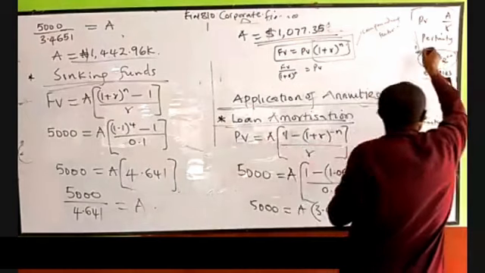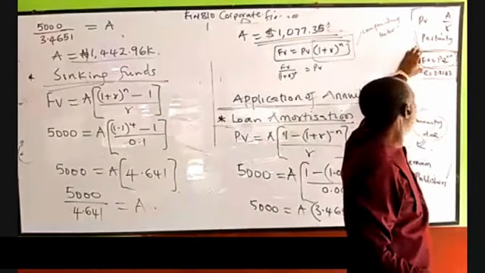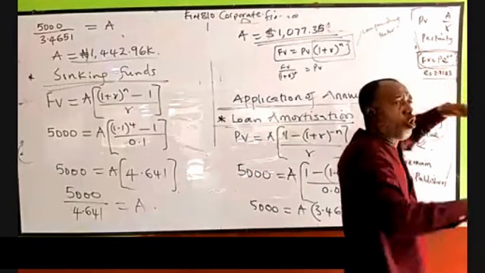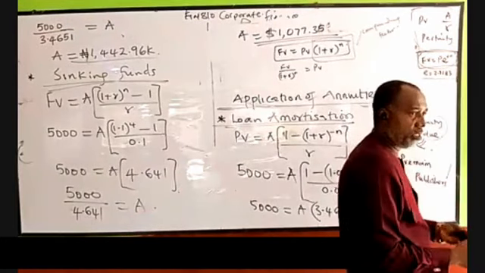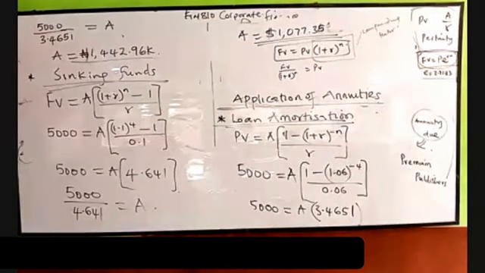And this one you are seeing here is future value. This one is also called continuous compounding. You could be asked to find the future value of money when the present is given, continuously.